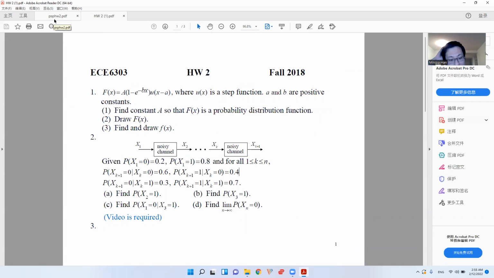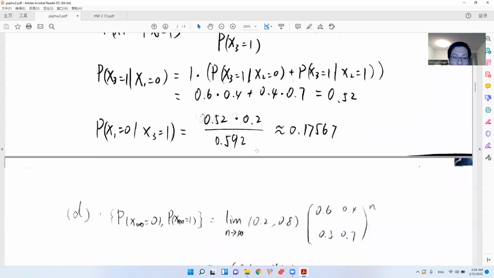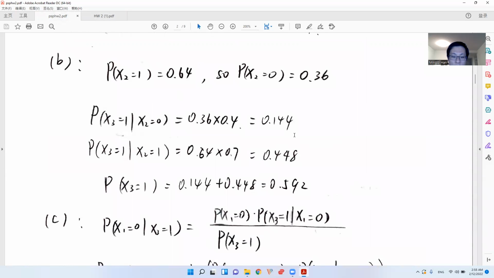If I do it the same way as I did for part A or part B, it will be impossible because n is equal to infinity. There are infinitely many noisy channels, but by looking at part B, I can already see that what I'm doing is just stacking the probability from the output of the previous one to the input of the next one. So it all stacks up.